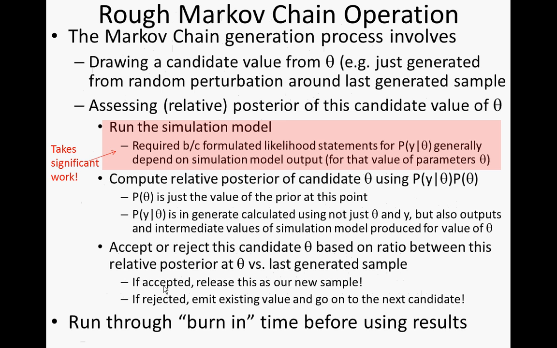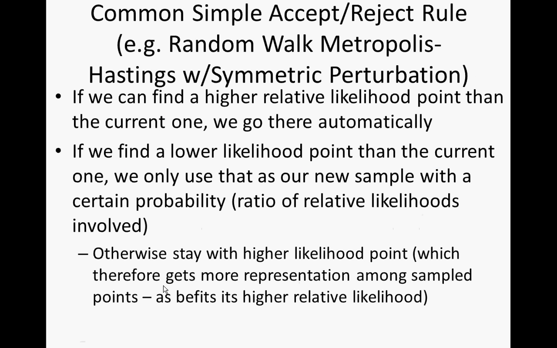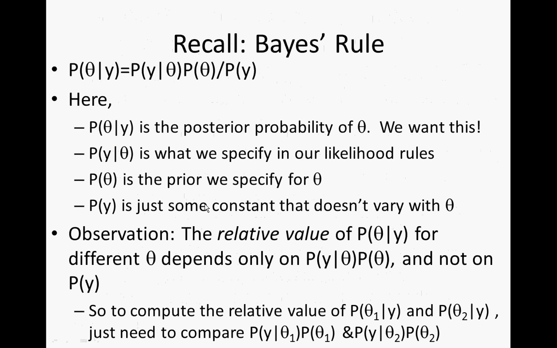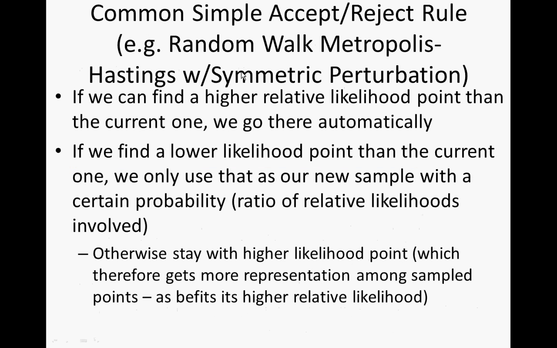If we're dealing with the ratio of this guy here for theta 1 and this guy here for theta 2, P of y totally drops out. It doesn't depend on that at all. So if the candidate sample involves a lower likelihood point than the current point that was associated with the last emitted value, then we'll only go to that with a certain probability. Otherwise, we stay with this higher likelihood point. So, in short, these high likelihood points get relatively sampled more. These low likelihood points are relatively sampled less.